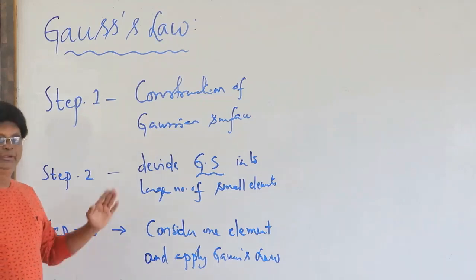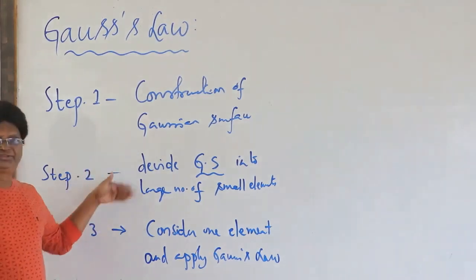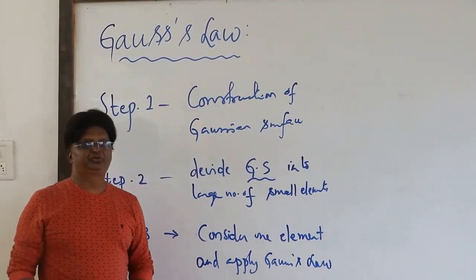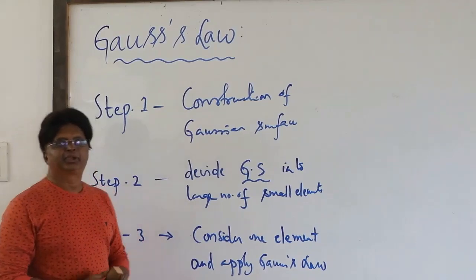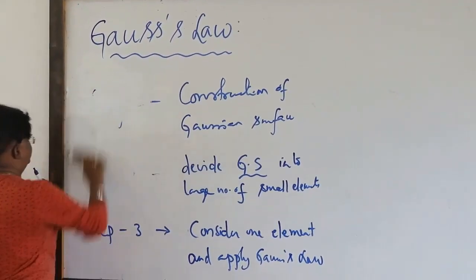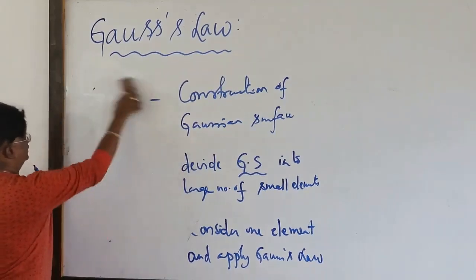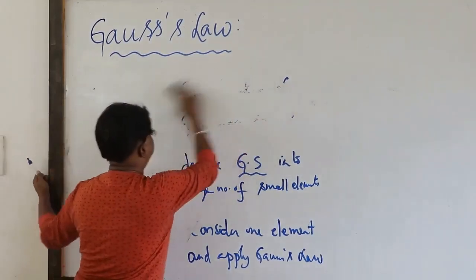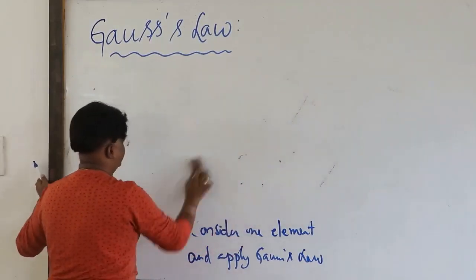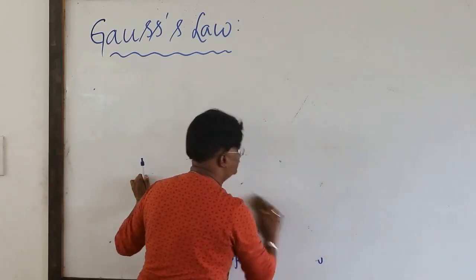I hope you are ready with this step process. Step 1, 2, 3, and of course the fourth one is a simple calculus part. It sounds simpler, is it not? Let us see when we start using these steps whether it is simple or complex.